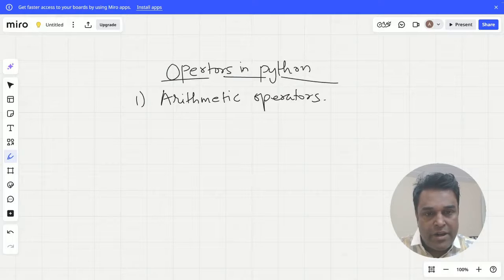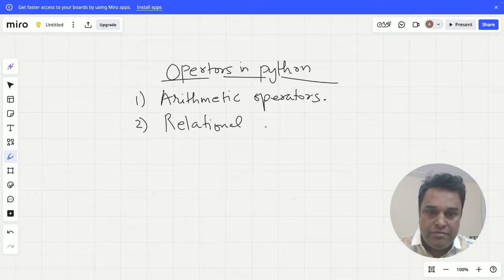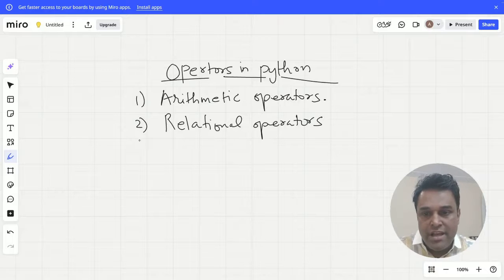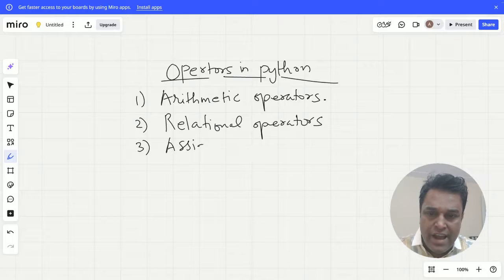Very first. Second, what we have is the relational operators. Third, let us take the assignment operator.